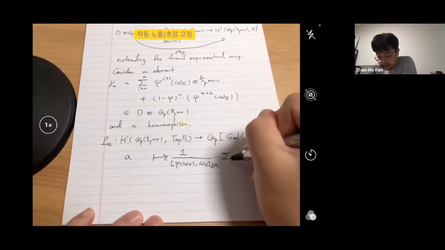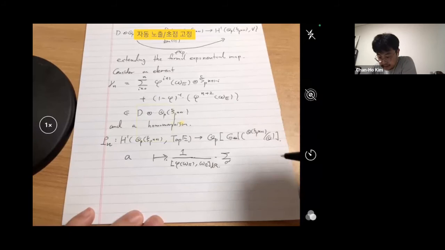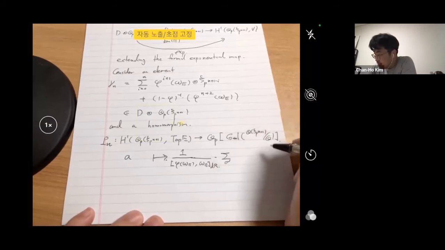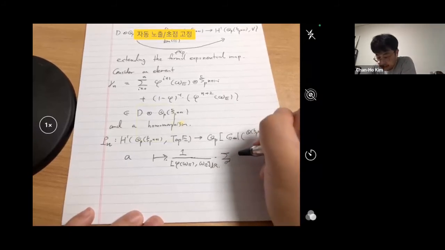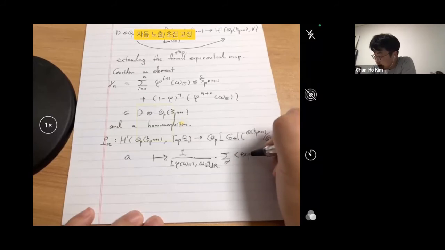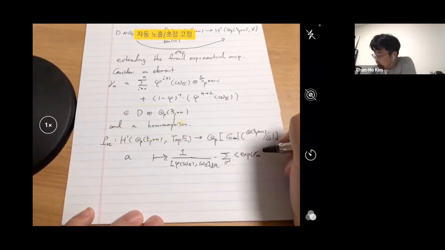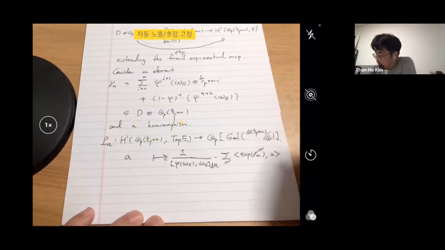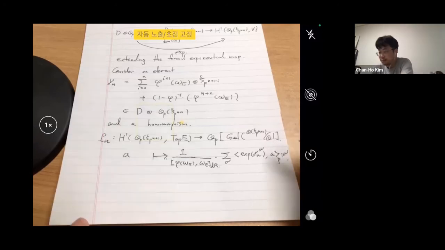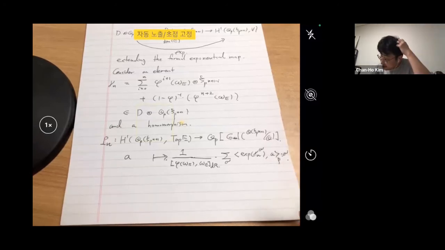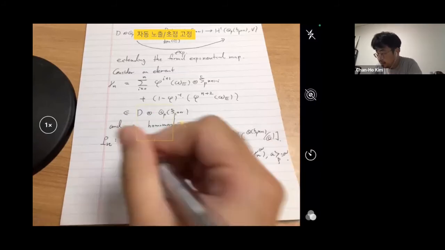The sum runs over sigma, the elements in this Galois group, of the pairing of the exponential of gamma_n with sigma acted on A. This is the local Tate pairing times sigma. So we have the element in the group ring here.